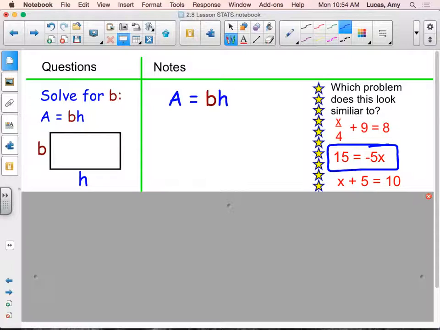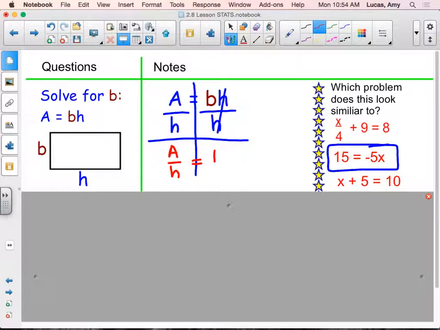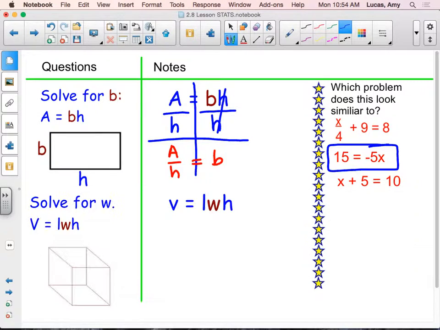That's a one-step equation. It's a multiplication equation, so we solved it by dividing. It's exactly what we're going to do here. To get the letter B by itself, B times H, they were being multiplied, so I can divide by H like this and cancel it out, and I've got my answer. A divided by H is equal to B. So the area divided by the height equals the base.